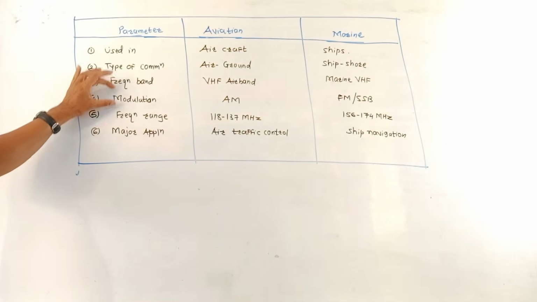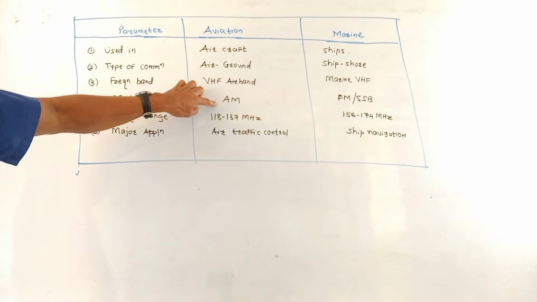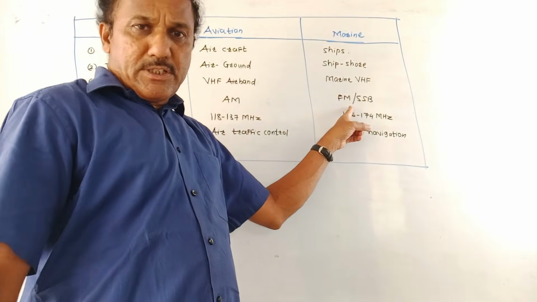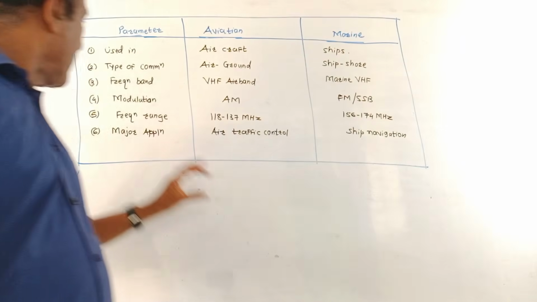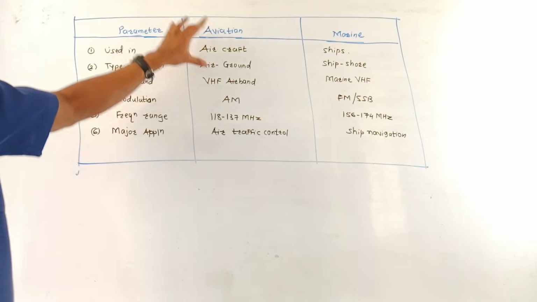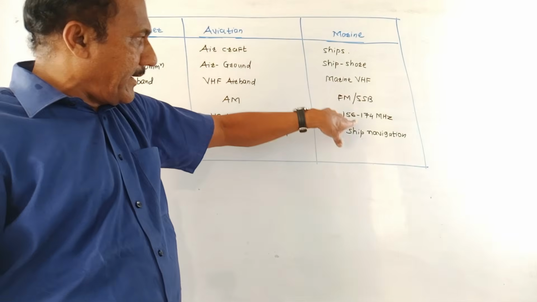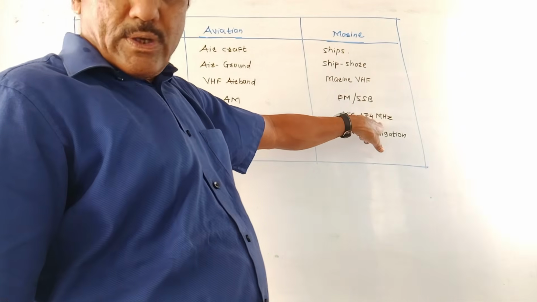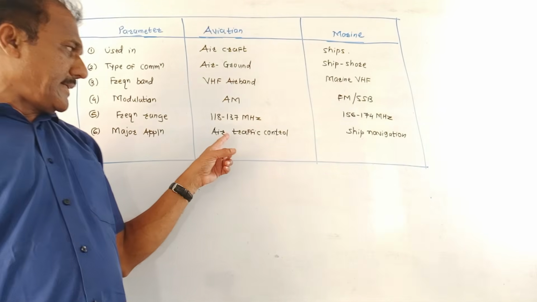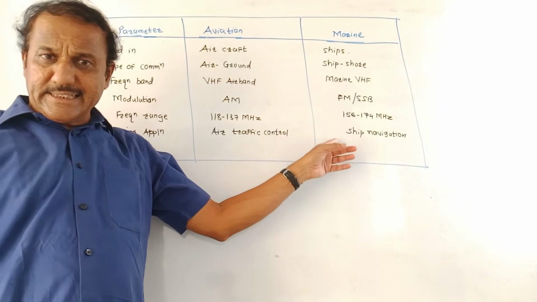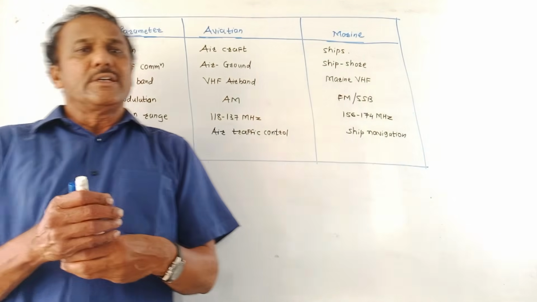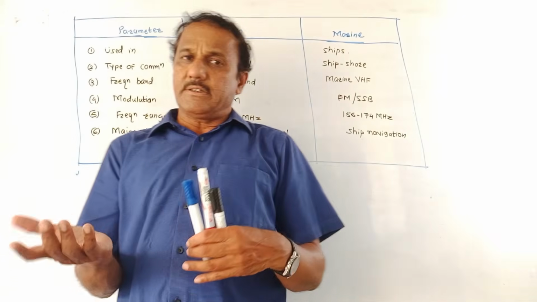Then type of modulation: in aviation it is mainly AM, amplitude modulation, whereas in marine it is FM, frequency modulation, and single sideband. Frequency range is 118 to 137 megahertz for aviation, whereas for marine it is 156 to 174 megahertz. The major application is air traffic control for aviation, whereas for marine it is mainly used for ship navigation. So this is the comparison between these two systems.